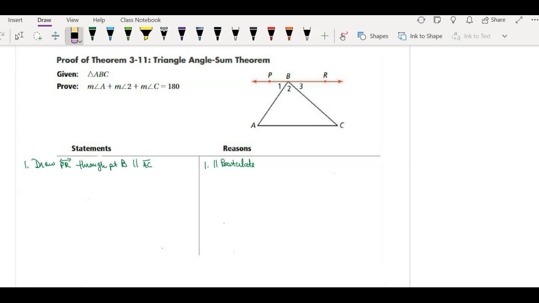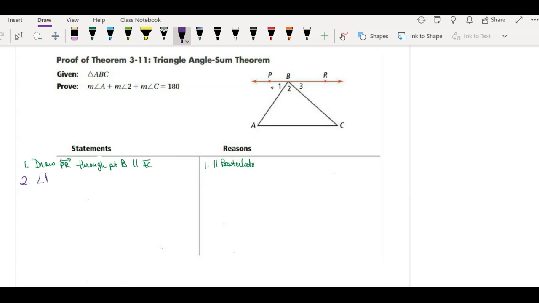Now step 2, let's see, what are we going to say? We can say that angle PBC plus angle 3, those two angles are supplementary. What do they form? They form a linear pair.